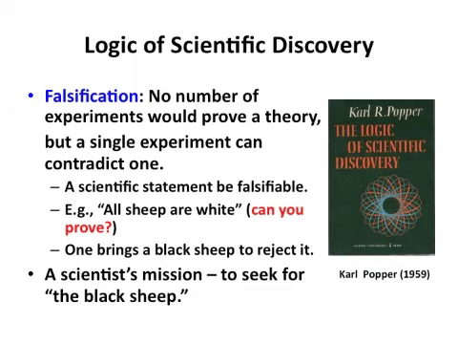That means a statement like this: all sheep are white. That is a scientific statement because you can bring a black sheep to reject that statement. Okay? But that statement itself is very, very difficult to prove because you cannot search all over the world for all the sheep and make sure they are white to prove this.